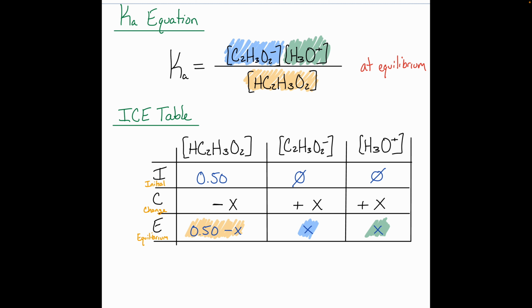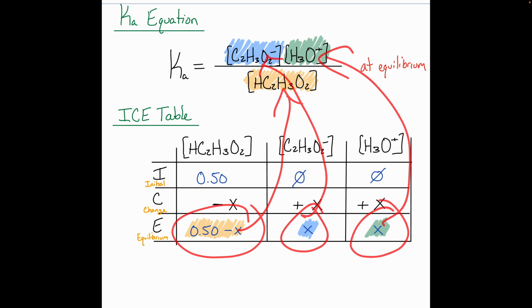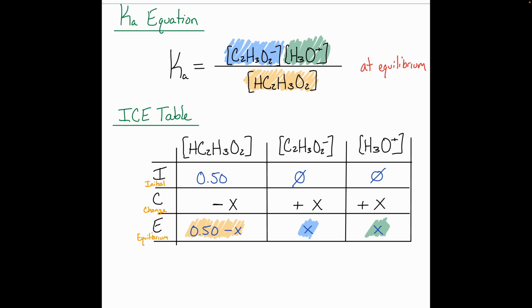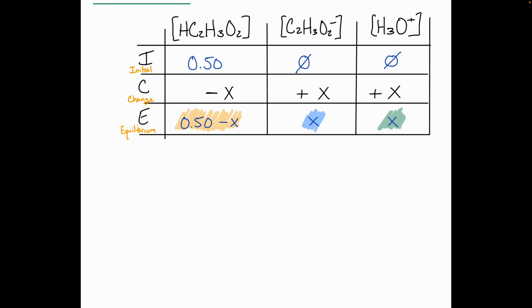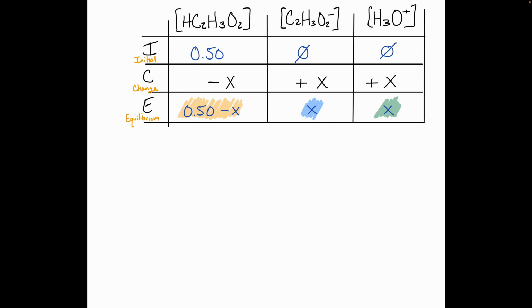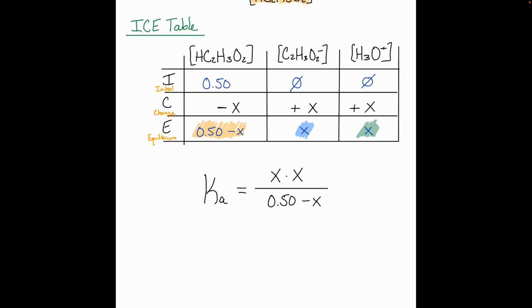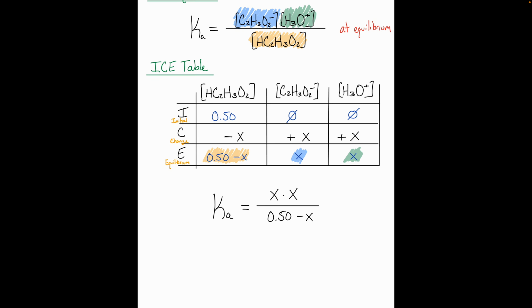So what we're going to do is pick up each of these expressions and plug them back into our equilibrium expression, our Ka equation here. So what we get is that Ka equals x times x over 0.50 minus x. All right, plugging everything back into that Ka here.